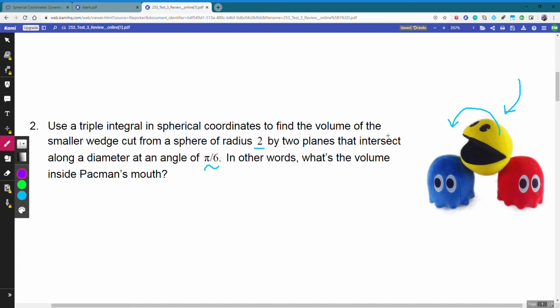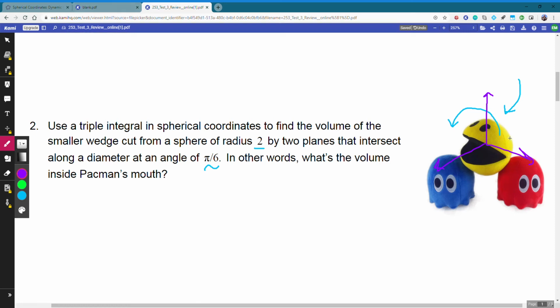Another way is to just slap some XYZ coordinates on him like this and try to set it up that way. It turns out that this first way is what's going to allow us to use spherical coordinates nicely, and the second way, which might seem more natural, actually has a fatal flaw. So let's see what those look like.